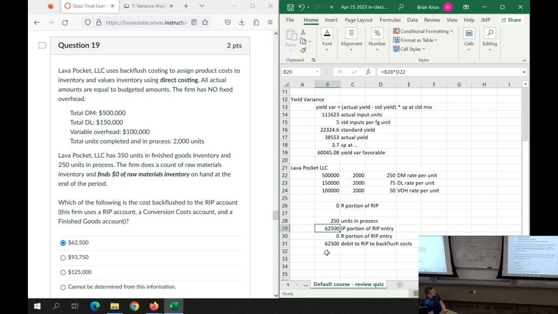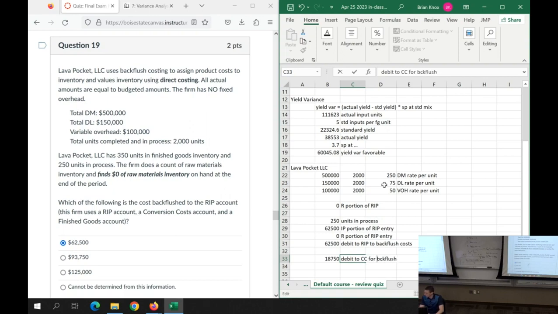Yes. I was going to ask, for completeness' sake, can we see what it would be for the conversion cost and the unit counts? Yes, because I know sometimes there was a couple where they wanted all of them. Yeah, so this is the debit to conversion costs to backflush.